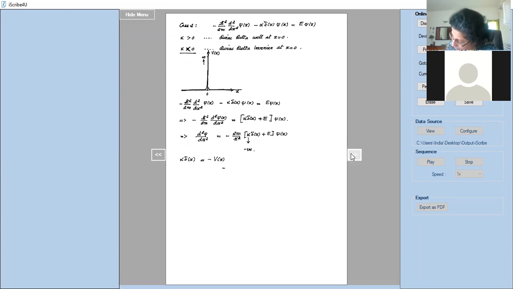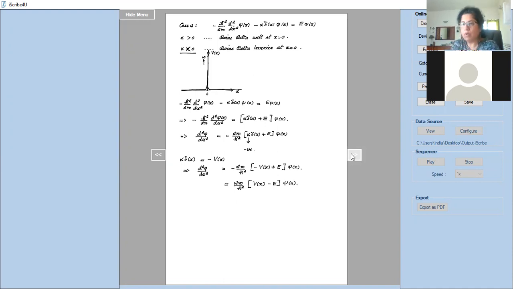So I will write this as d²psi/dx² is equal to minus 2m by ħ² times minus V of x plus E psi of x, correct? All right, so now let me bring in the negative sign. You will get essentially V of x minus E psi of x, correct?